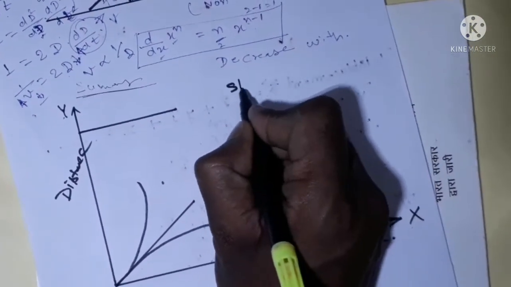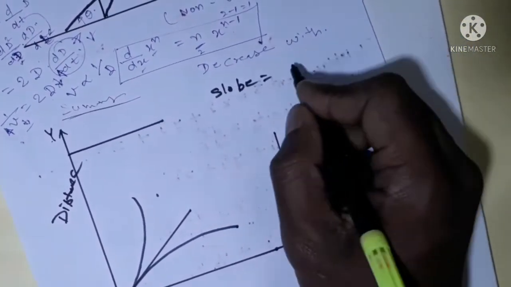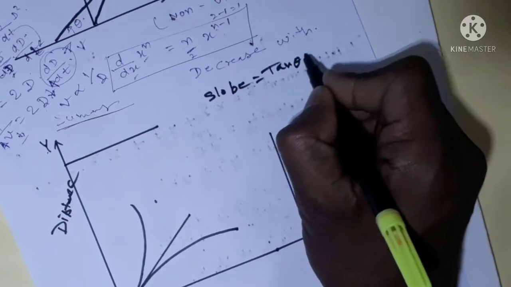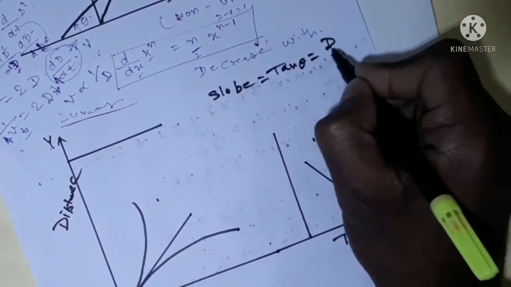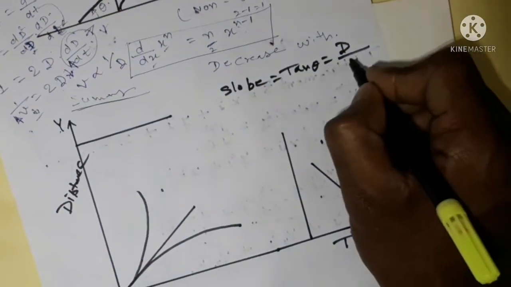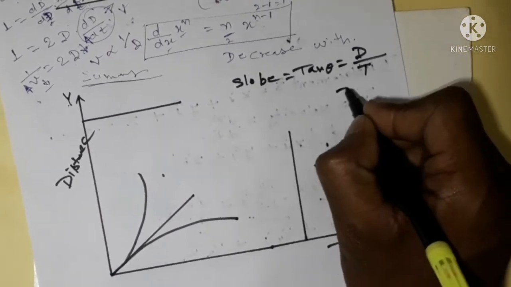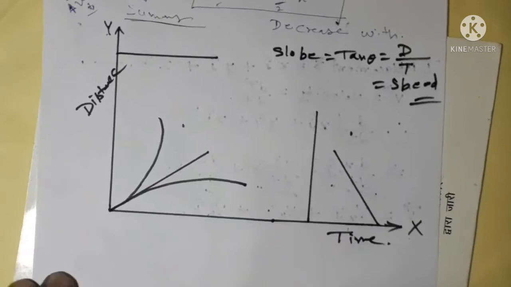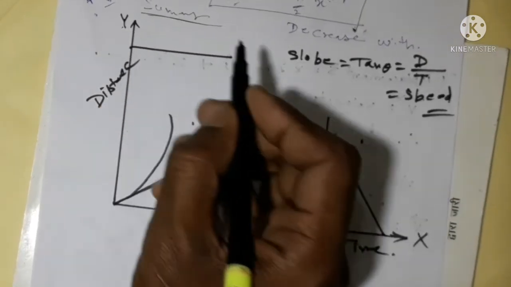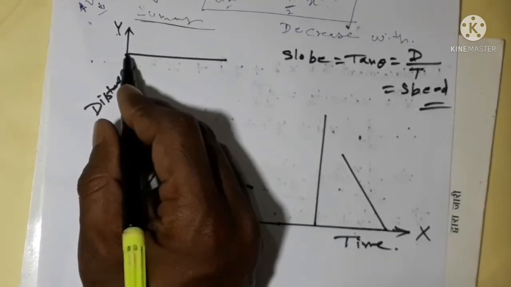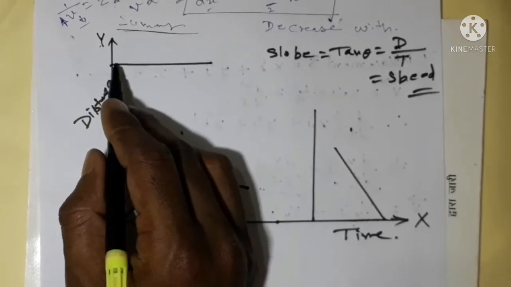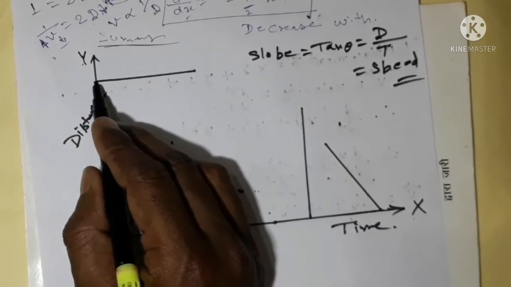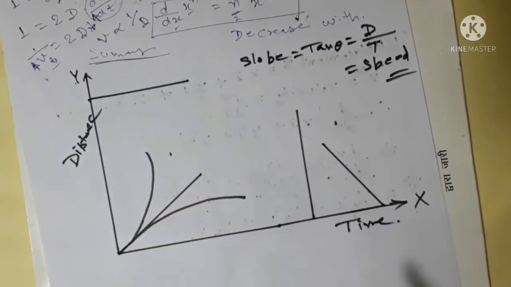Slope is equal to tan theta. Tan theta is equal to perpendicular distance by base time. Distance by time is equal to speed. From this point to here, after some time the distance becomes fixed.